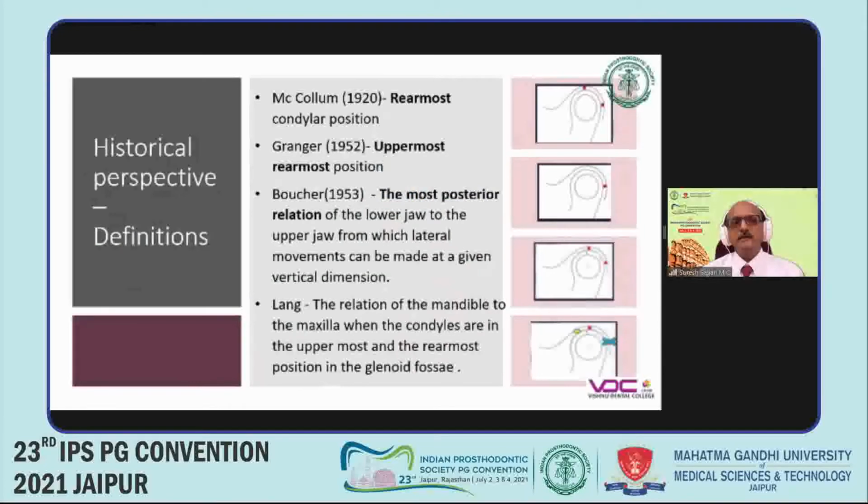So you can see here 1920, where McCollum started. So it's more or less 100 years, or you can say 101 years.